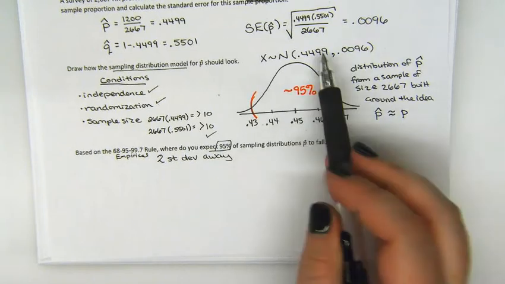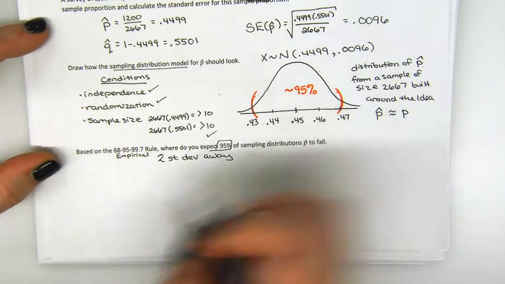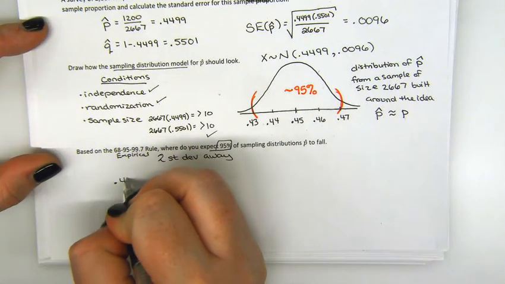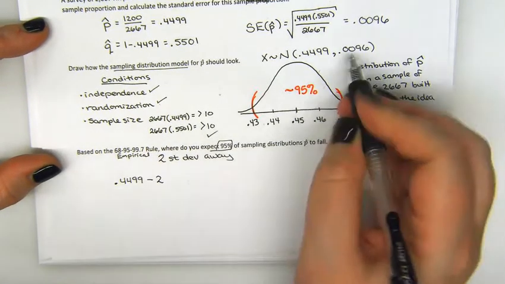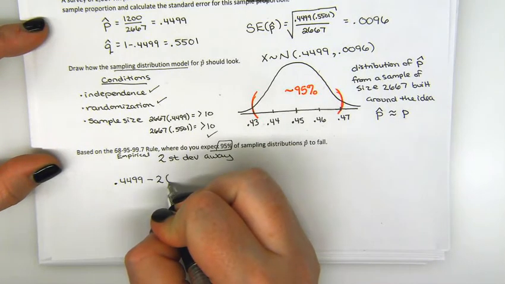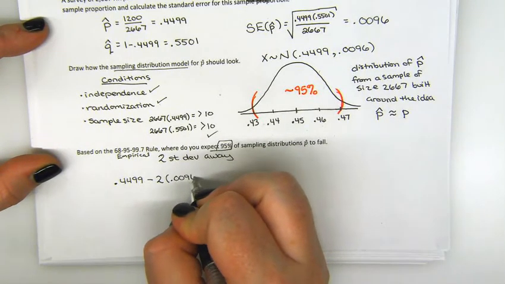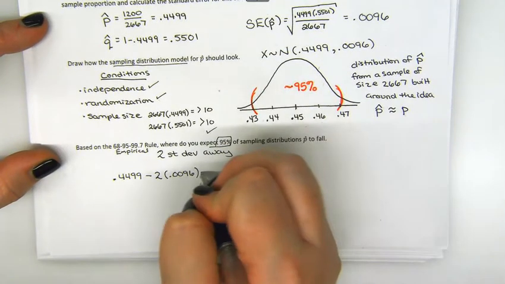If we wanted to be more accurate, say we wanted to use these values right here, what we're technically doing is starting at that 0.4499 and subtracting away 2 of those standard errors to get down to that value. So it's like we're taking away 2 of those 0.0096 values, which would come to a 0.4307.